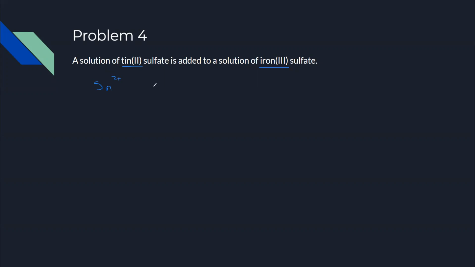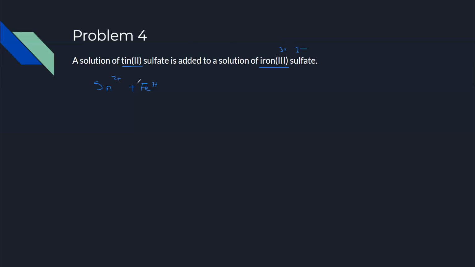So Sn 2 plus and Fe 3 plus. And as Fe is 3 plus and sulfate is 2 minus, the only common number they have is 6. So 3 times 2 is 6, and 2 times 3 is 6.